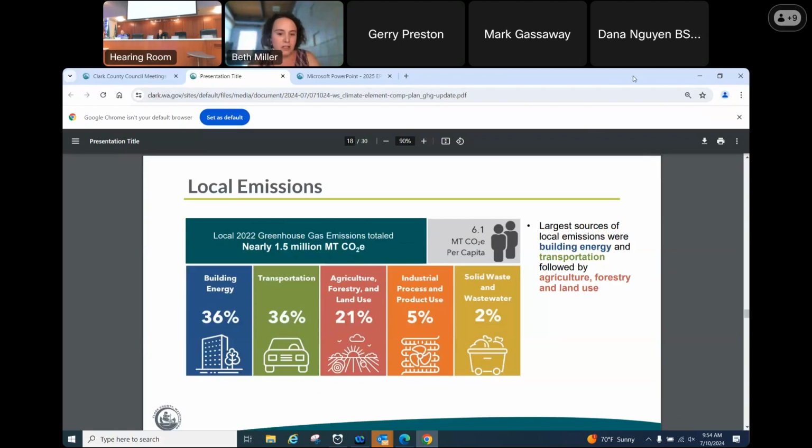The largest sources of emissions are building energy and transportation, which is pretty typical. Then it's agriculture, forestry, and land use, followed by a little bit of refrigerant usage and waste. All of those together come to nearly 1.5 million metric tons of CO2e, and this is about 6.1 metric tons per person. Next slide.